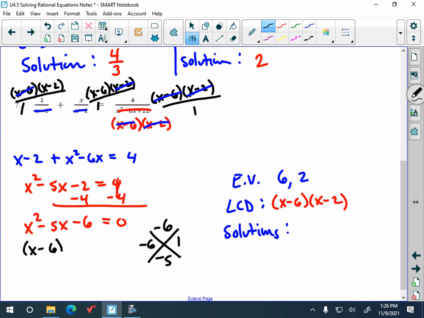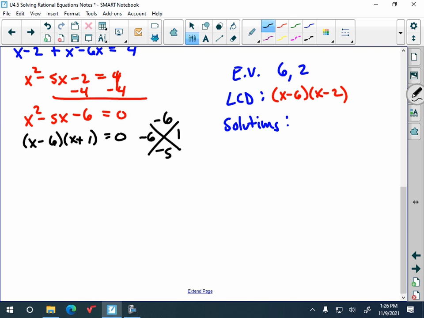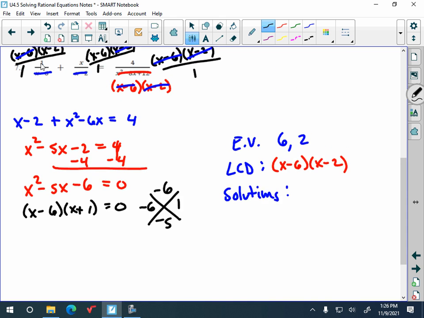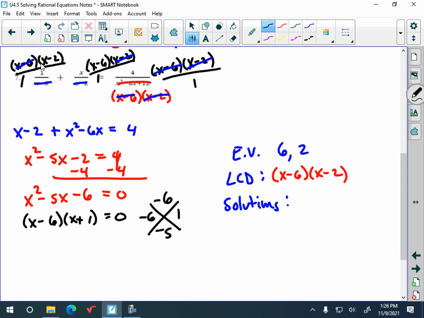X minus 6, x plus 1. Now I can set those equal to 0 and solve it. So for x minus 6, it's going to be x equals 6. For x plus 1, it's going to be x equals negative 1. All right, so those are my 2 possible solutions, positive 6 and negative 1.